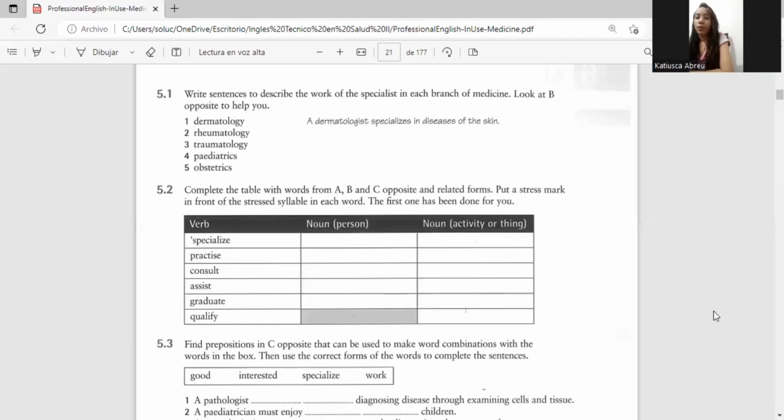Example, verb, specialize, noun person, specialist, noun activity or entity, specialty. Practice, verb, practice, noun person, practitioner, noun activity or entity, practice.